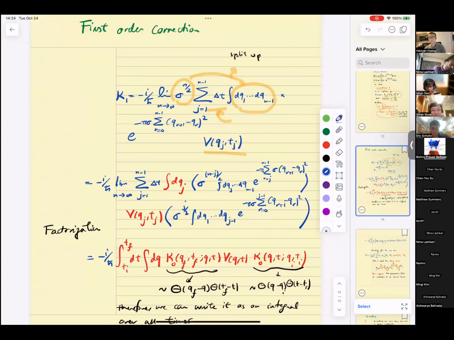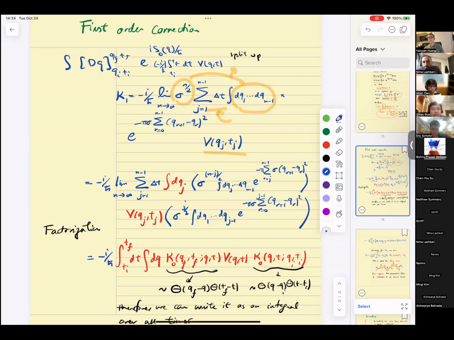Is this clear, or should I write it down? So this was the expression. Let me just write it this way. The path integral Dq from qi at ti to qf at tf, e to the power of i S naught of q over h bar, times the integral from ti to tf of minus i over h bar, dt, V of q and t, right?